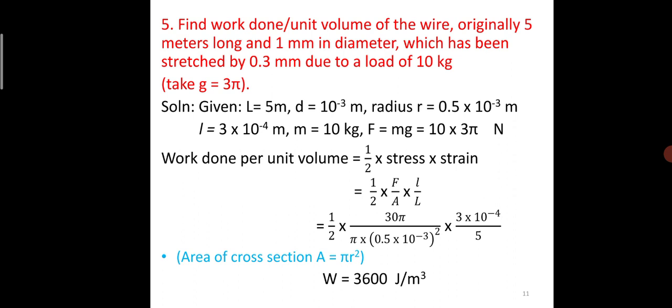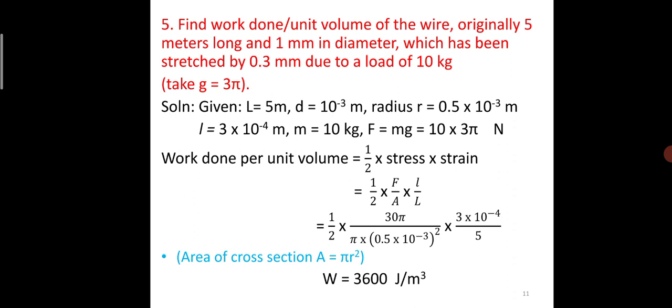The next problem is: find work done per unit volume of the wire, originally 5 meters long and 1 millimeter in diameter, which has been stretched by 0.3 millimeter due to a load of 10 kg, and here the g value is given, it is equal to 3 pi.